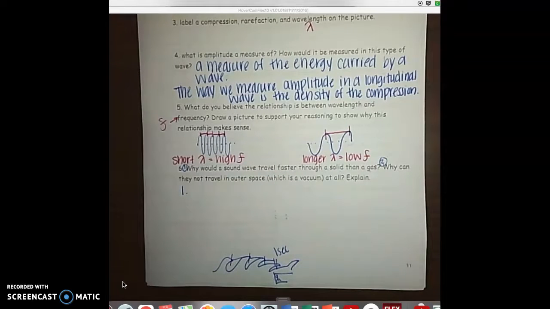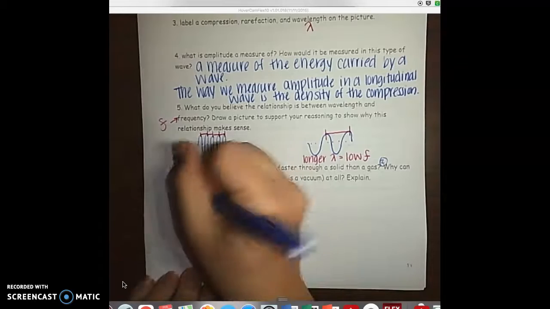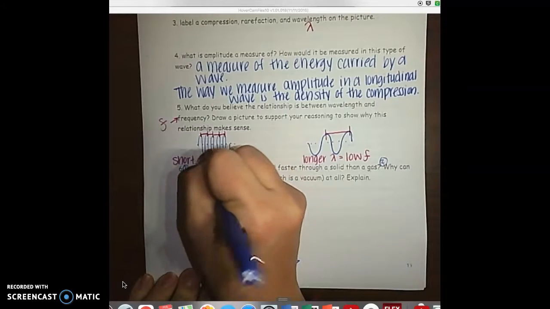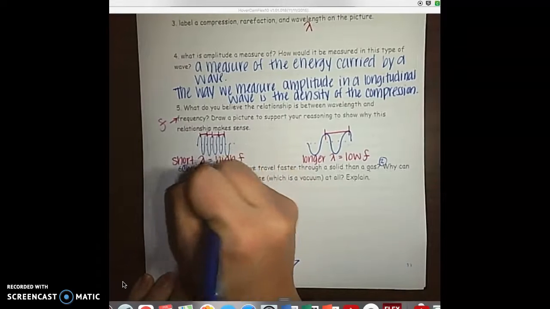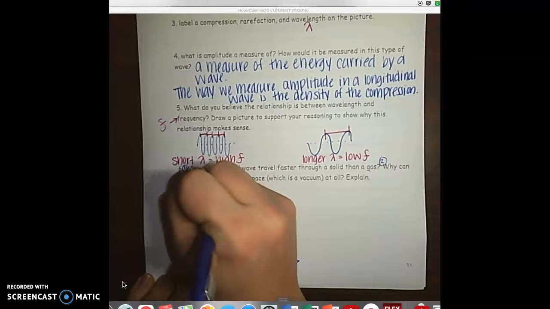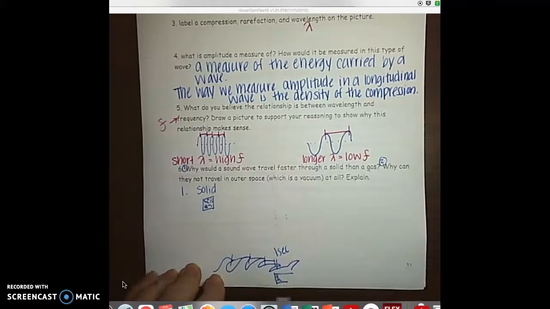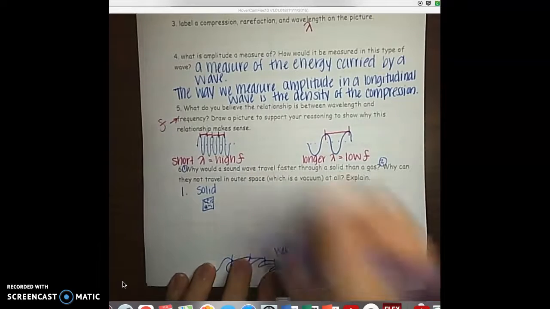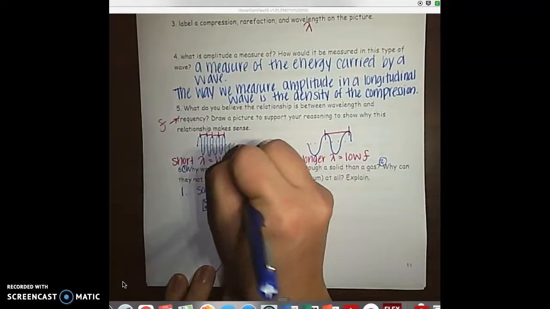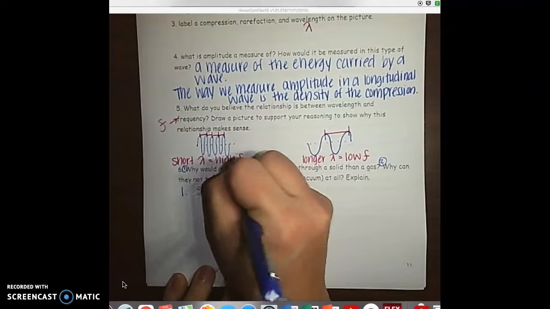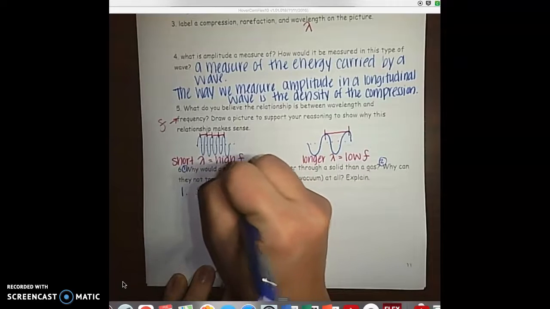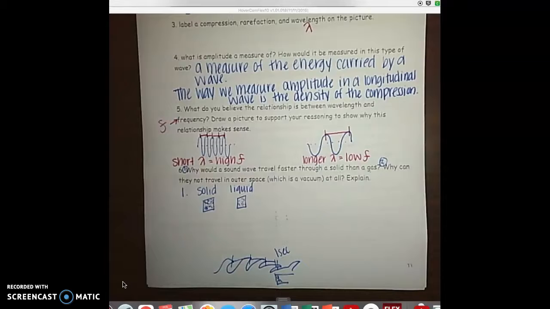when we talked about states of matter, we talked about how there are solids, liquids, and gases. Remember when we talked about how the particles in a solid are really tightly packed together and they just kind of vibrate because they're so tightly packed? And then in a liquid, they're pretty close, but not quite as close as a solid, and they can slide past one another.